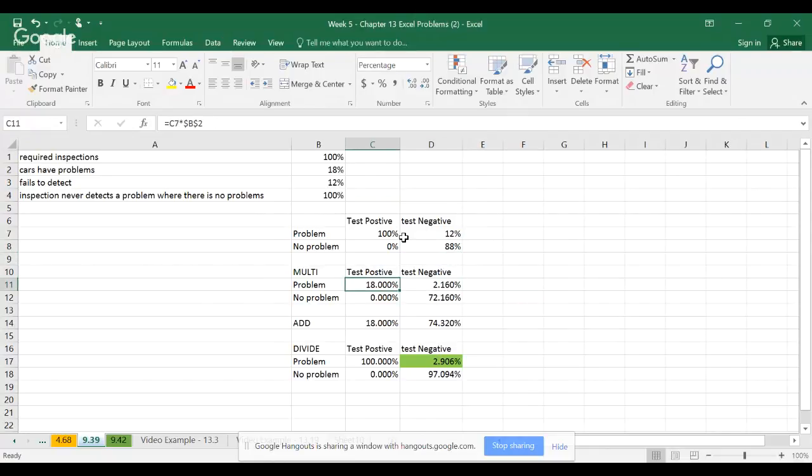And that 88% should be 100%, because the inspection never detects a problem when there is no problem. No. So the 88% here, they're saying when the test says it's negative, 88% of the time there's no problem. 12% of the time when it tests negative, there is a problem. I believe that's what it's saying.